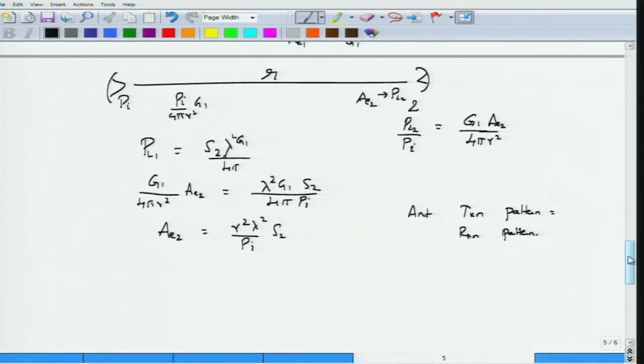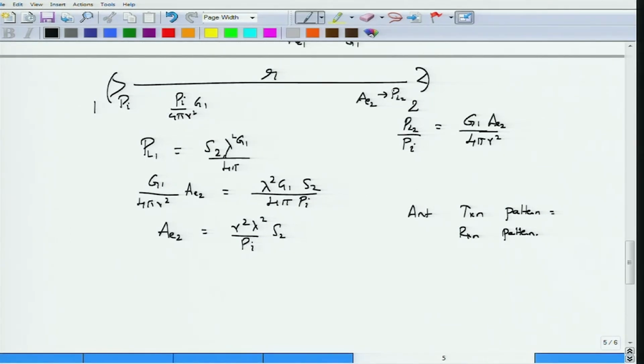Now, coming back to this Friis transmission formula which we want to establish, we have seen that if you have an antenna 1 with an input power Pi, it would produce a power density of Pi by 4 pi r square. Now, because the antenna has a certain gain G1, this power density gets multiplied by gain G1, and this power density is transmitted to the second antenna.